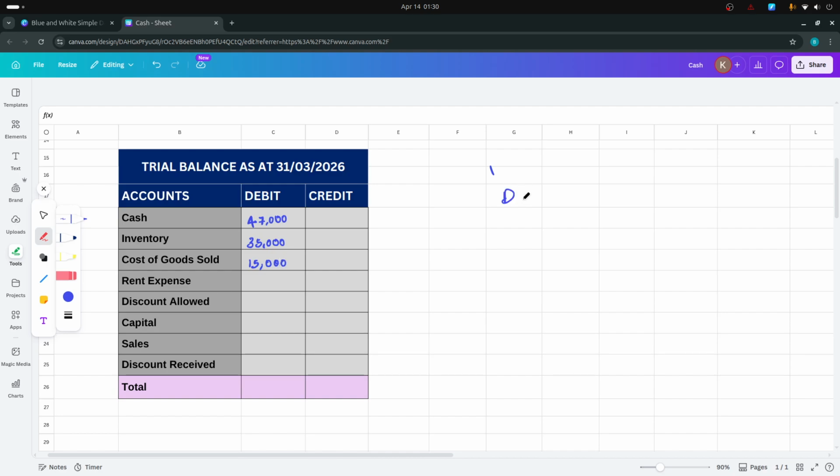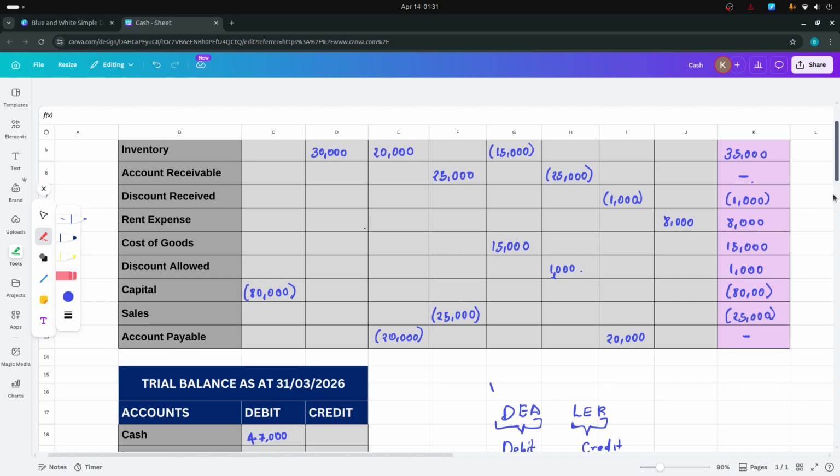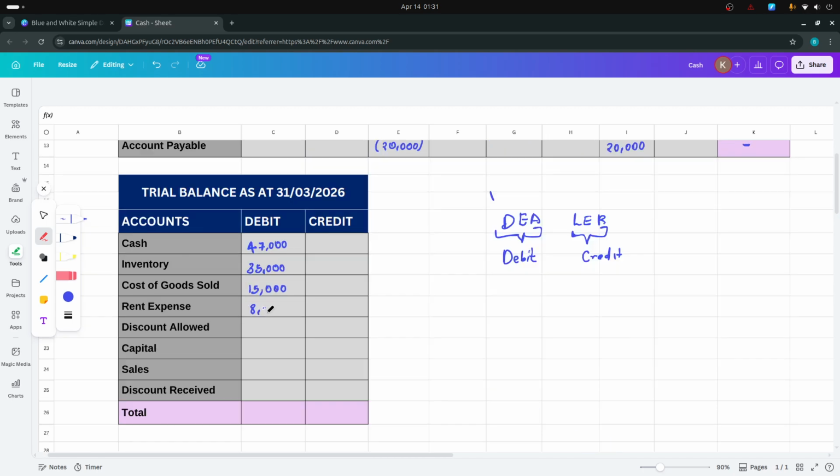Always refer to the dealer. This is what is usually the credit, and these are the debit accounts. Remember the expanded accounting equation. So our rent expense, we have a balance of 8,000. Still, an expense account is on the debit side. This side is the expense, and this side is usually equity.